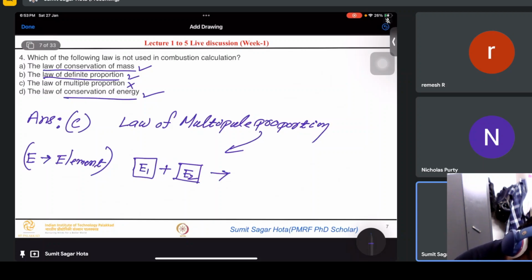Let it be E3, which contains some mass ratio of E1 and E2.